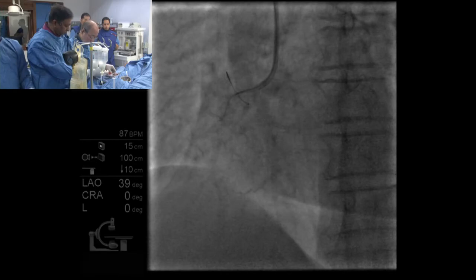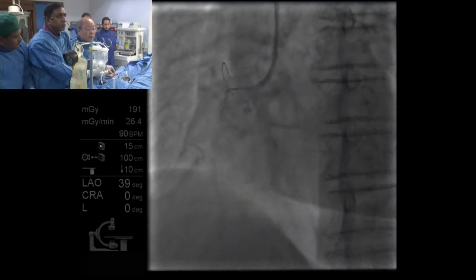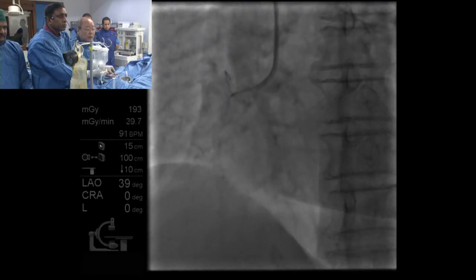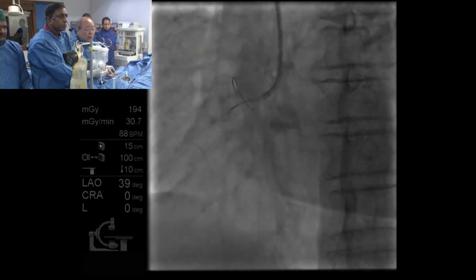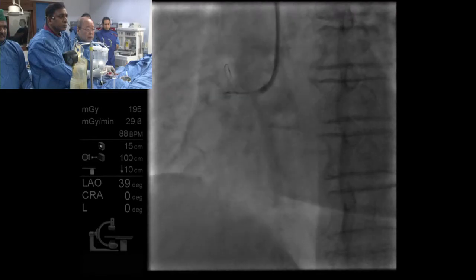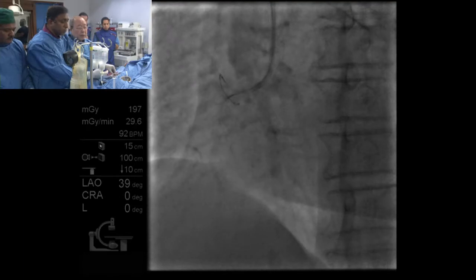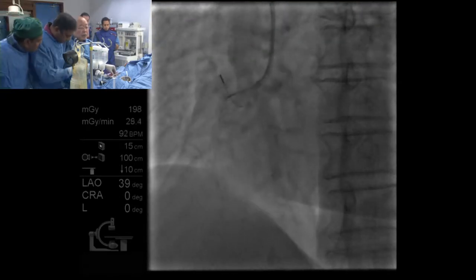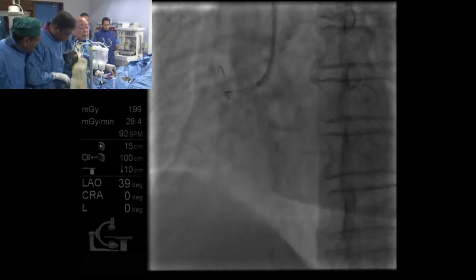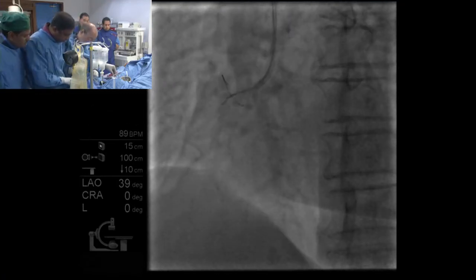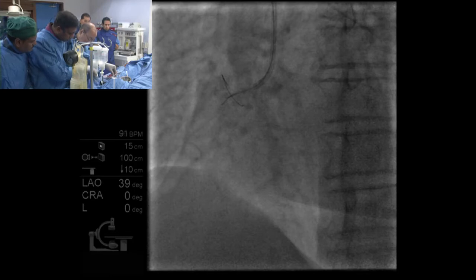Looks like, Dr. Saito, the wire is going somewhere. No, this is not a good route. You think there's a branch, right? I'm advancing the microcatheter, but cannot do it. Try the wire going to about 7 o'clock instead of 8 or 9.